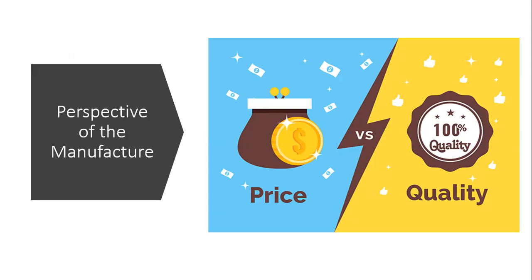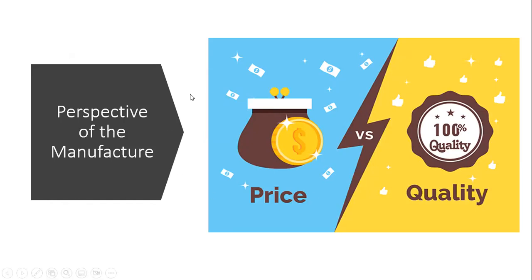This is one of the reasons why we need market-driven agricultural extension, right? The second one is with respect to processing or value addition. What the manufacturer is always concerned about is low cost. The cost of production should be very low for them.